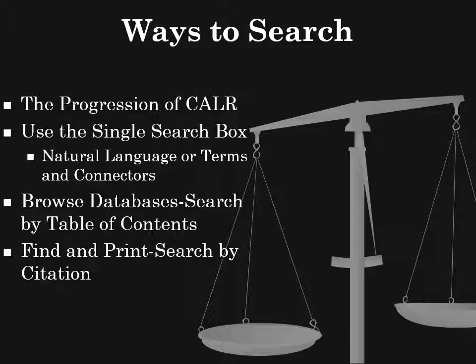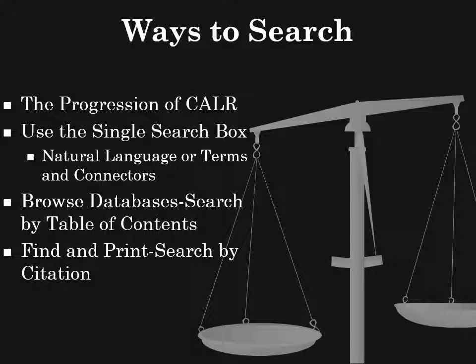It has, as I said, that more Google intuition, and so you can still go search by content area or what we call databases. You can also, if you have a particular citation, type that in and retrieve the document directly.